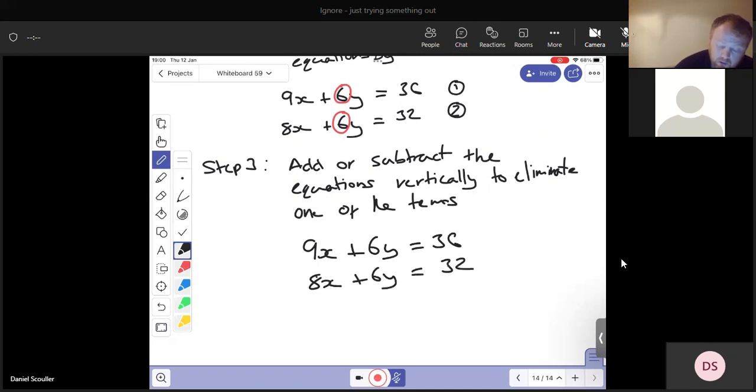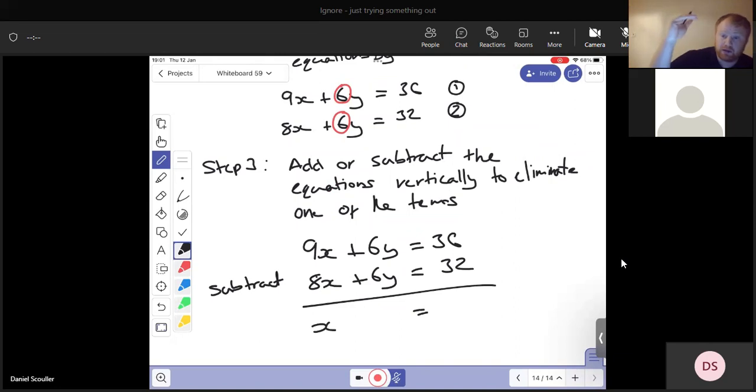I'm going to draw a line under that, and I'm going to say subtract. So I'm going to subtract the bottom one from the top one. So I'm going to do 9x minus 8x, give myself x. I'm going to do 6y minus 6y, to give myself 0 there. That eliminates that.